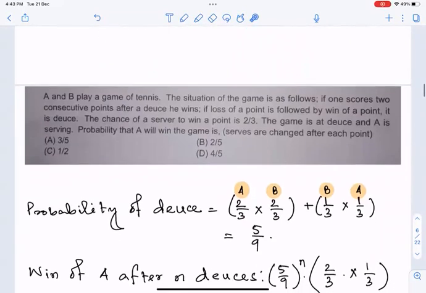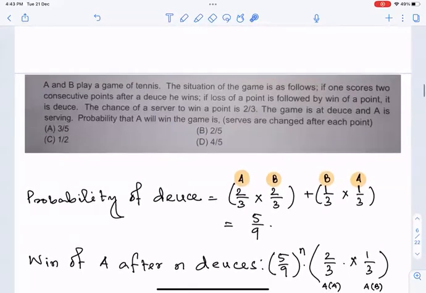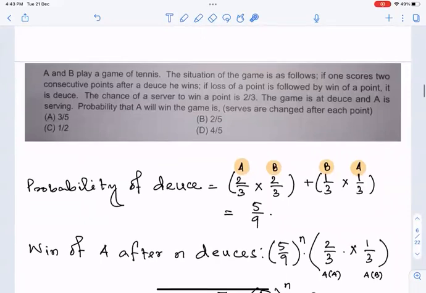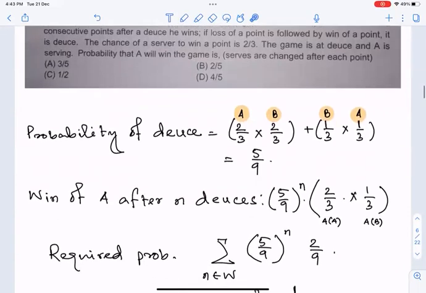So if I consider that before A wins there will be n more deuces, it will be (5/9) to the power n into A wins its own service, multiplied with the next round A also wins the service of B, where n can take any whole value.